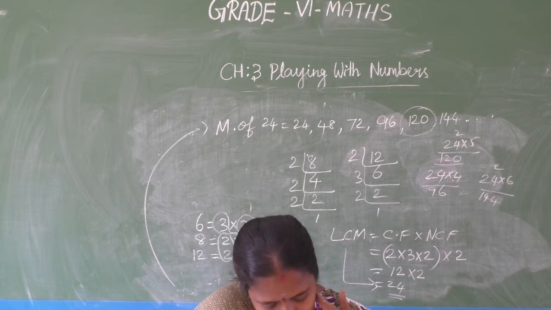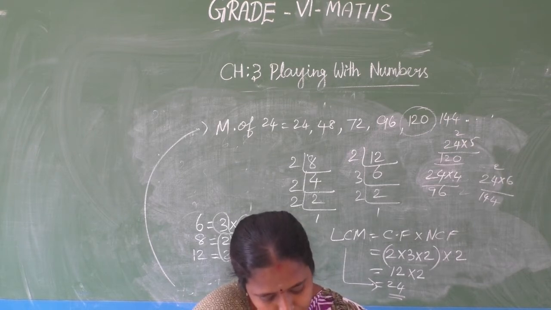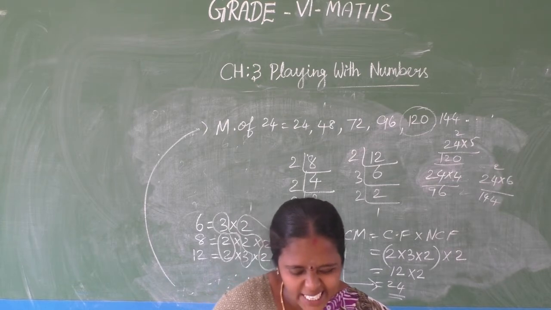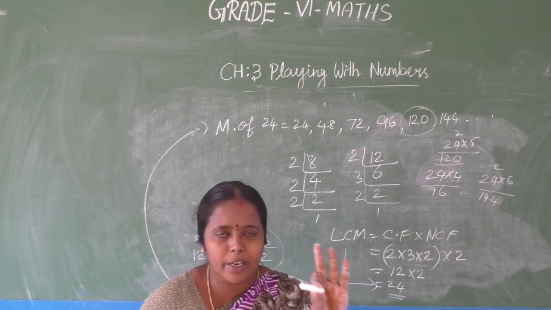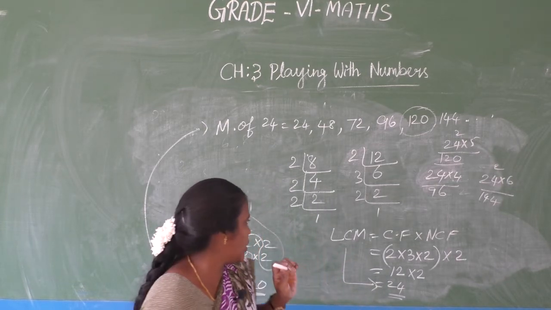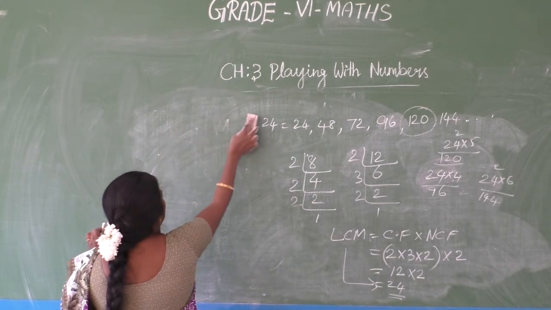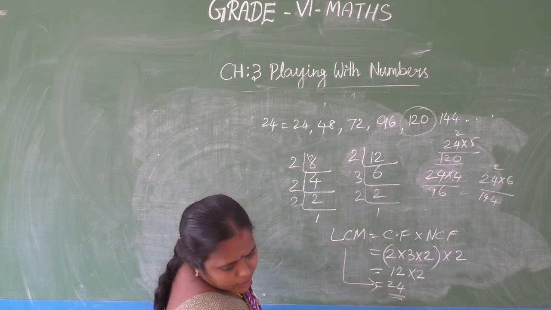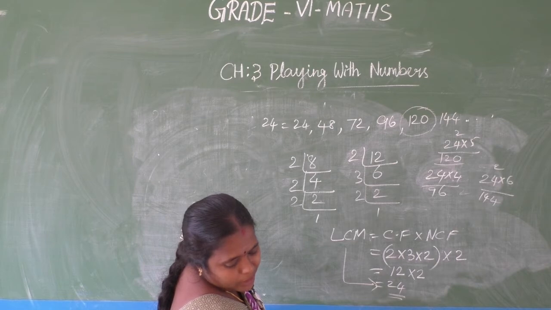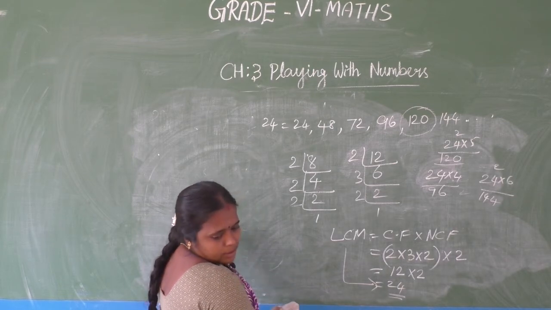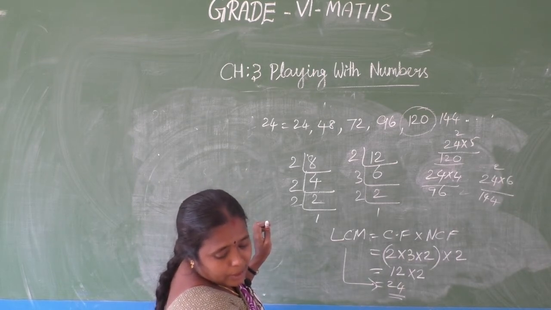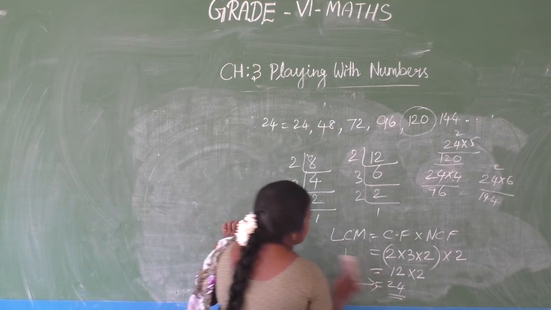See, next I am doing the 8th question. Find the least number. Least means immediately you have to think about LCM only. Find the least number which, when divided by 6, 15 and 18, leaves the remainder 5 in each case.